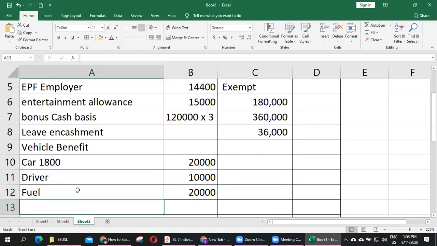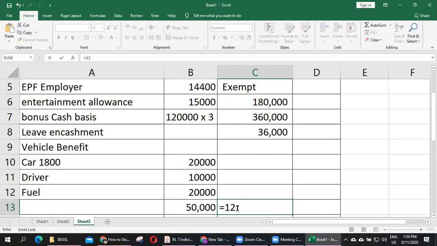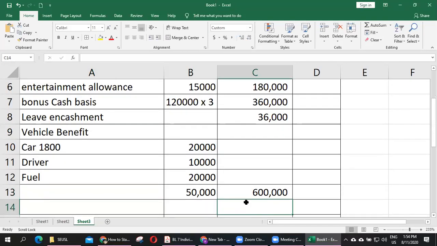Then the total is 50,000. Is this 50,000 for the month or year? It is for the month. Therefore, we have to take the annual value, so 600,000.